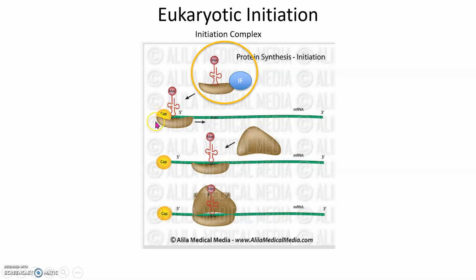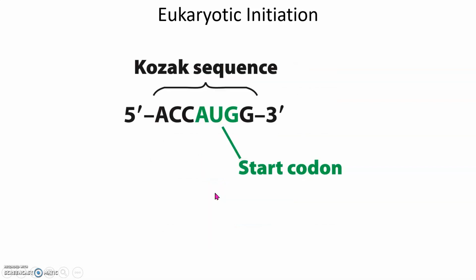So we're going to recognize the cap, and then we're going to scan along looking for the Kozak, where our start sequence is. Once we find that, we hang out there, waiting for the large subunit to come on. When the large subunit comes on, again, it perfectly places the initiator tRNA in the P site. Here's our Kozak sequence, okay? And you see that AUG is usually contained within that Kozak sequence.